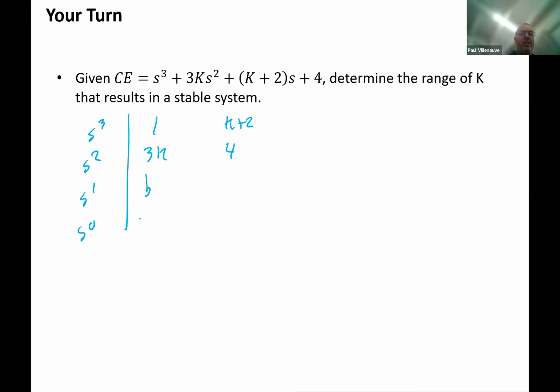And then 1C to calculate. Because we know this is going to be 0. Anything to the right of that's going to be 0. So now do your Routh-Hurwitz. Solve for B.